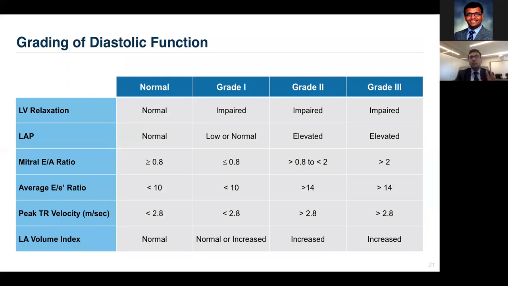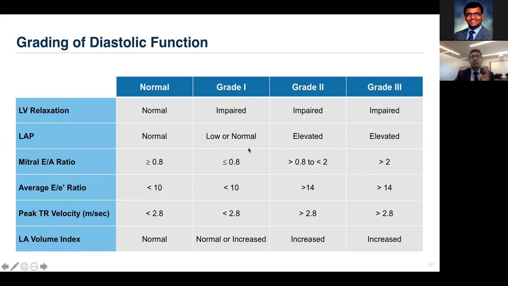If you just look into the transmitral flow velocity, and if you look into it being reduced less than 0.8 or more than 2, then you know that you're going towards grade 1 or grade 3.